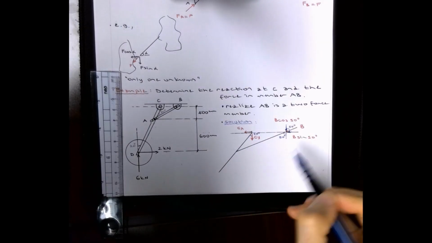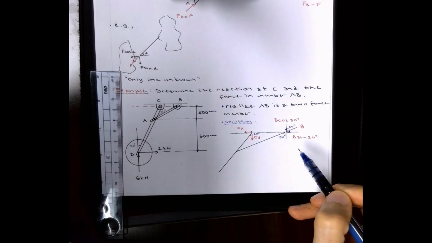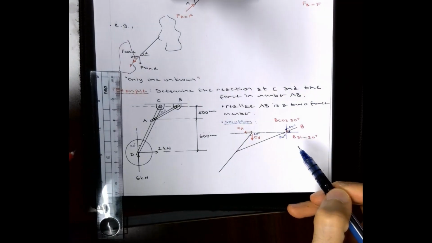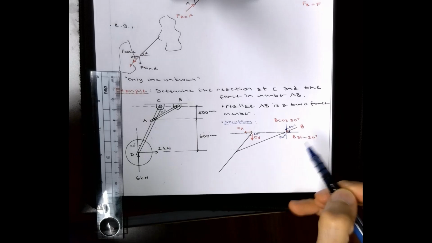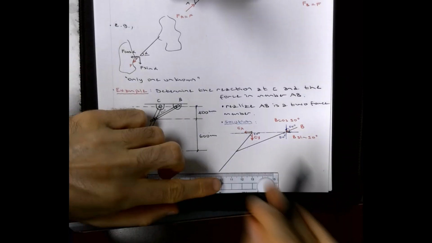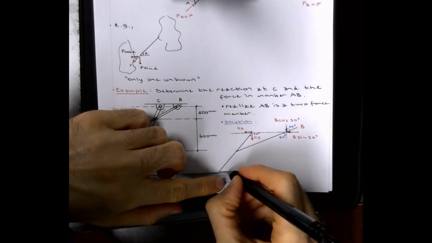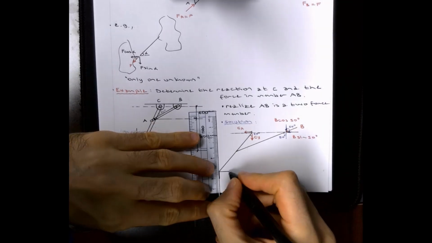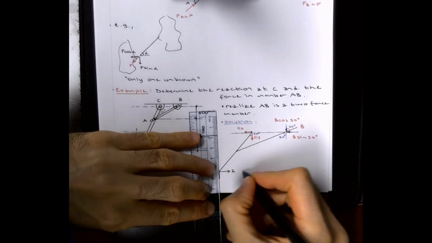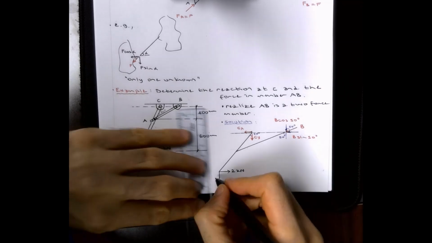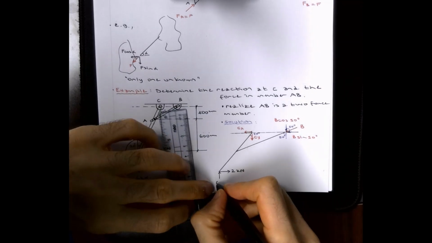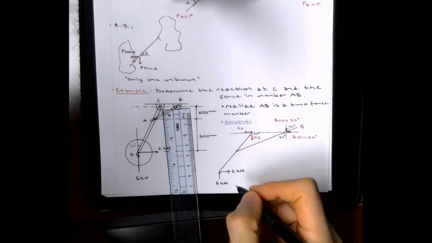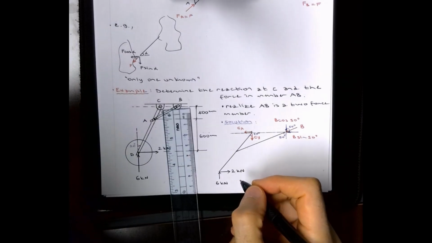That is it, pretty much. That is that. We need to show the forces. So we don't have any unknown because it's given on this end. We are fortunate, otherwise again we wouldn't be able to solve this problem. 2 kilonewtons, this is going to be 6 kilonewtons, like that.